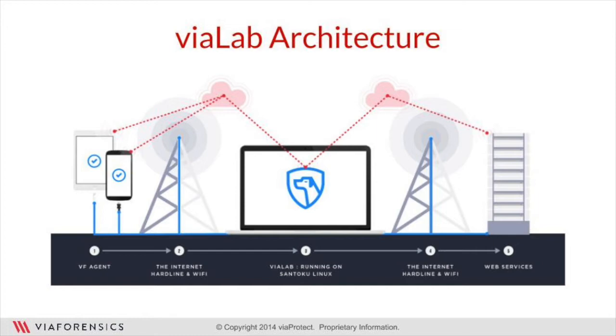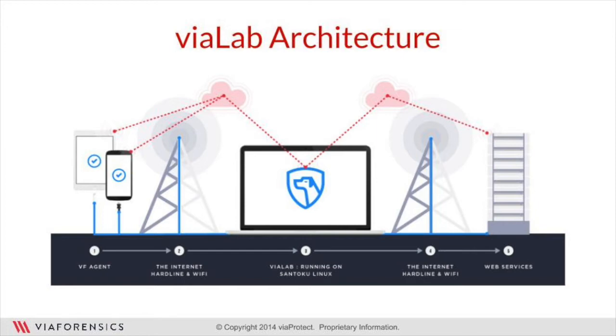And this is so that viaLab can communicate to the phone when we run our different tests. We also create a Wi-Fi network directly from viaLab. And this is so that all of the network traffic that is being sent by your phone and therefore your application is being captured at all times by viaLab. And you'll see that this is really important for us in order to run our different network tests.